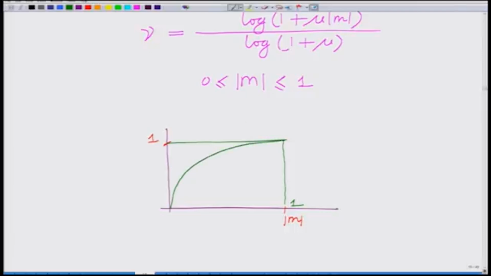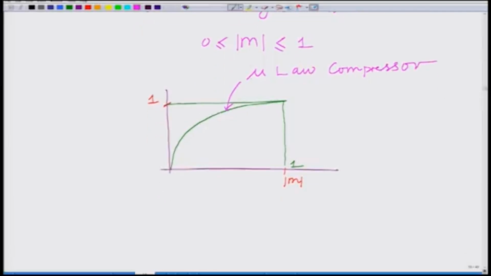Okay. So this is the mu law compressor. This is basically the log function, which is a concave function.